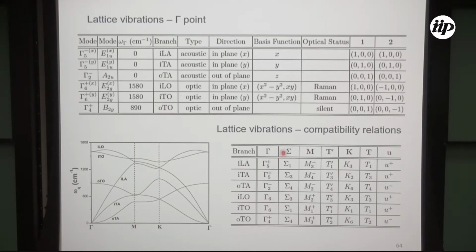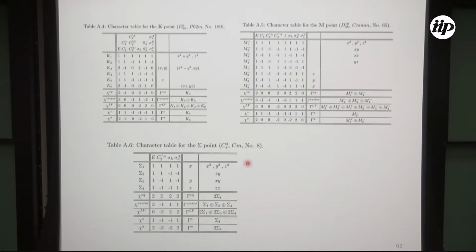How do we do it for the other points? It's not trivial, but we can do what we call correlation. Okay, when you go down with the symmetry, that mode doesn't disappear. It just goes down with the symmetry. So there are some correlations. What do I mean?